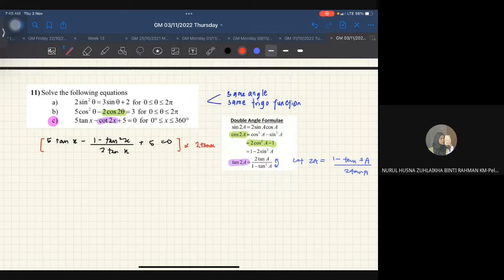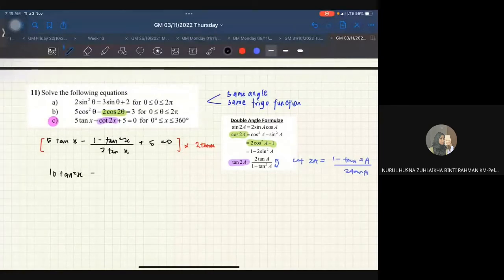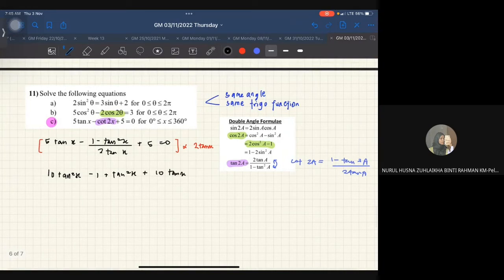Saya akan dapat 10 tan square x. Then minus 1 plus, kenapa dia jadi plus? Sebab minus this one, minus dengan minus dapatlah plus. So you get plus tan square x and then plus 10 tan x is equals to 0.